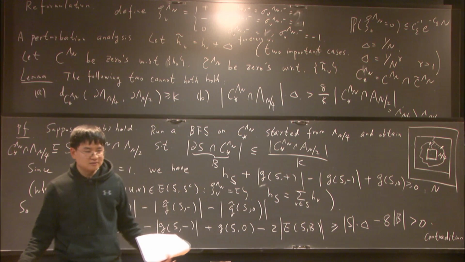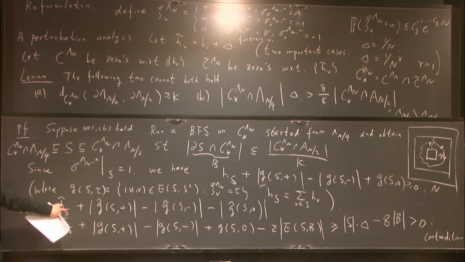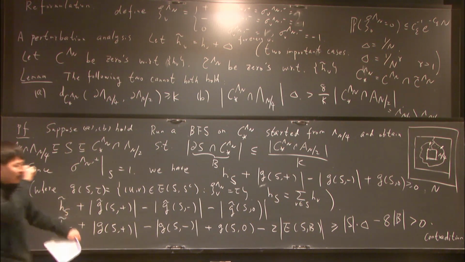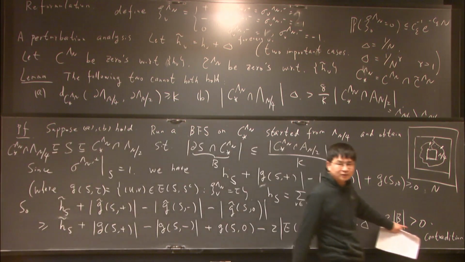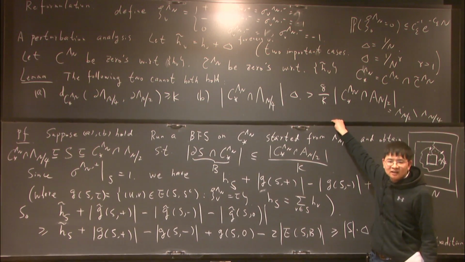So this cannot be zeros, just because you gained so much from the increase of the field, and you only lose so little from the boundary. Does that make any sense?